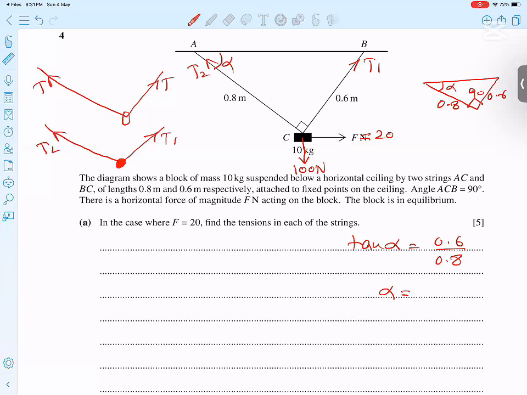It turns out to be tan inverse, so tan inverse 6 by 8 to 36 point, actually it's 36.89, okay, 8698. Now, how many decimals do we have to round?